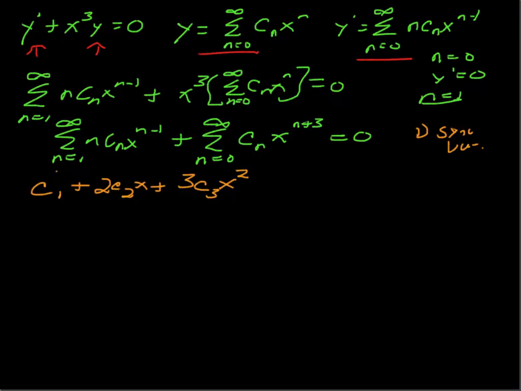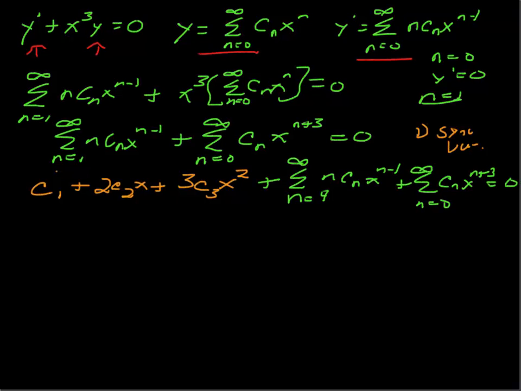Now, then when we put the rest of this one, so we did 1, 2, 3, now n is going to equal 4 to infinity of n c sub n x to the n minus 1 plus the other series, which we haven't touched yet, n equals 0 to infinity c sub n x to the n plus 3, and this equals 0.